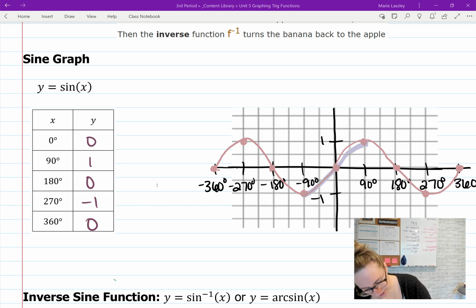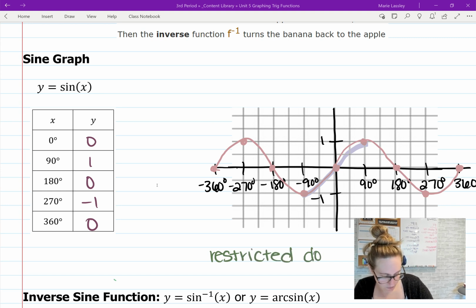So our next thing, restricted domain for inverse sine, we'll just say for sine, because we're not really talking about inverses all the way yet. This is the graph of regular sine. So we're restricting our domain for sine to -90 degrees, +90 degrees.